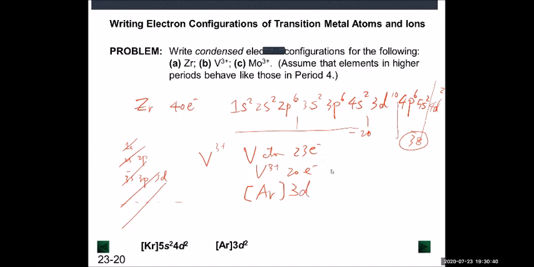Only 3d electrons, because the transition metals will lose the s subshell electrons first. So that's the configuration for vanadium 3+. It's important to know that to write a configuration, lose s electrons first.